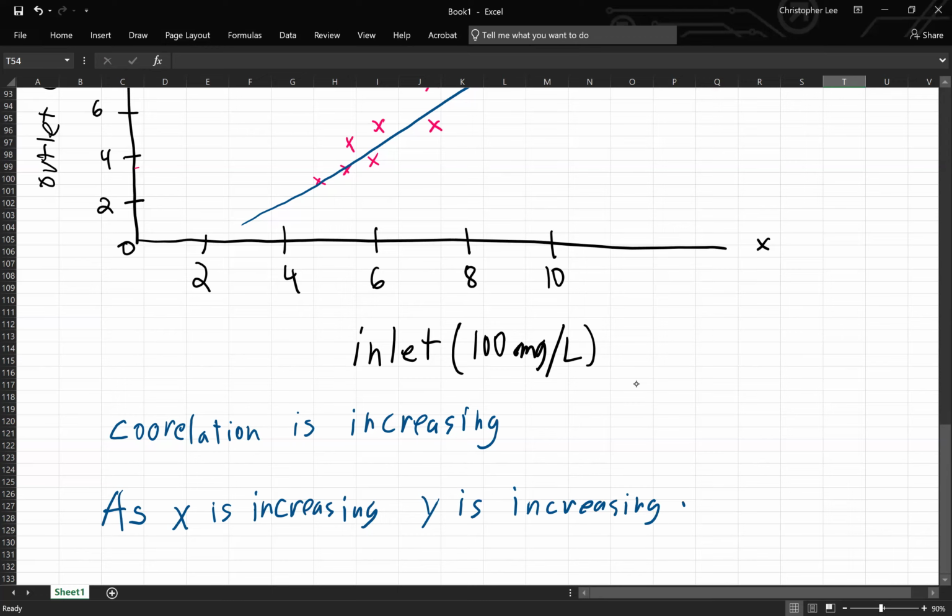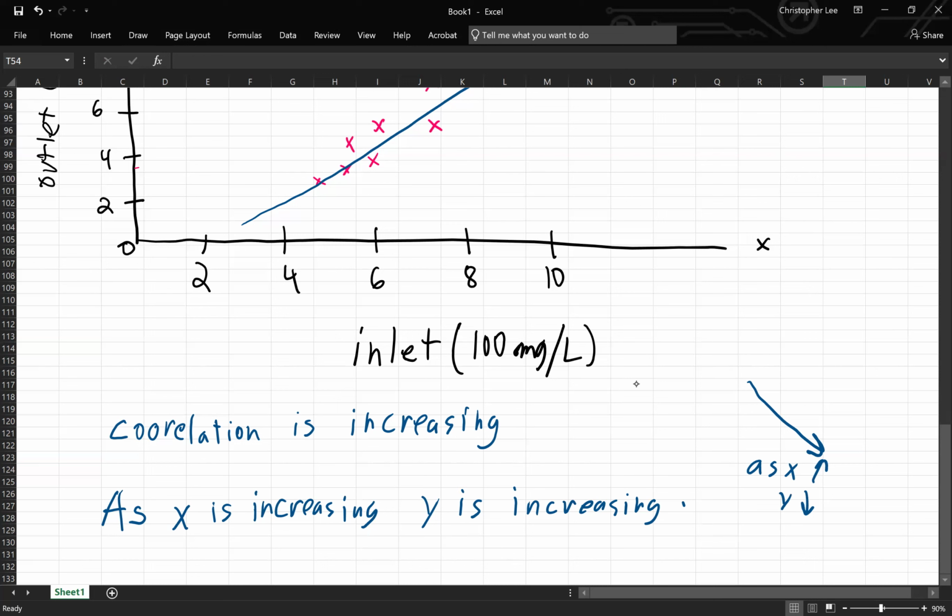And the other pattern would be vice versa, a little bit different. If it was decreasing, as x is increasing, y is decreasing. So if it was a negative slope, it would say as x is increasing, y is decreasing.